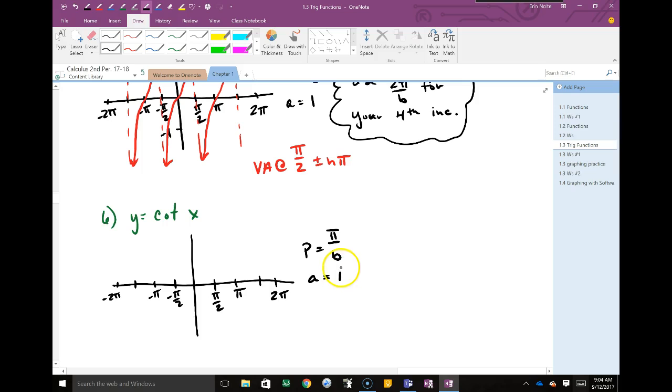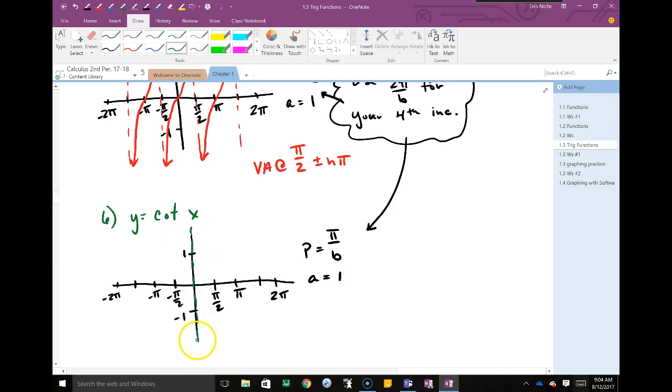Amplitude, like every other function so far, is 1. Okay, make sure that this bubble goes to all tangent and cotangent. Okay, so cotangent looks like a tangent function, but vertical asymptotes are in a different place. Anybody want to make an educated guess where the first one is? 0. Very nice.